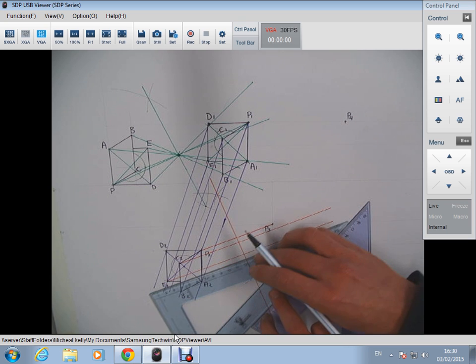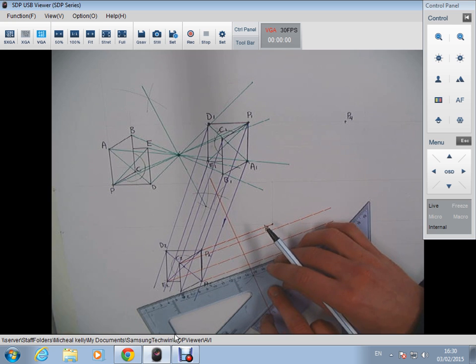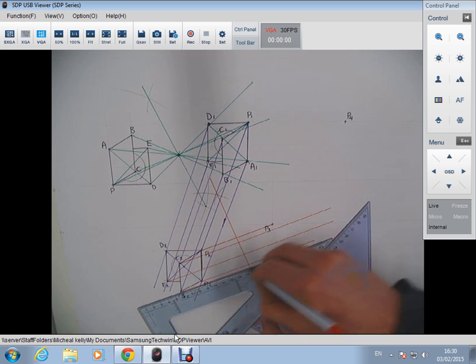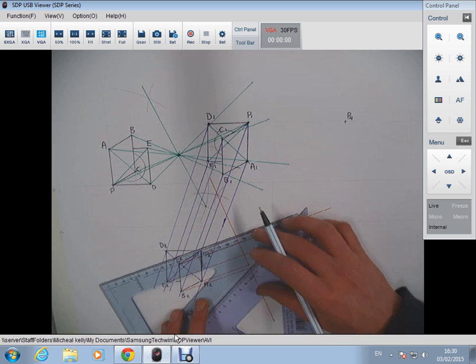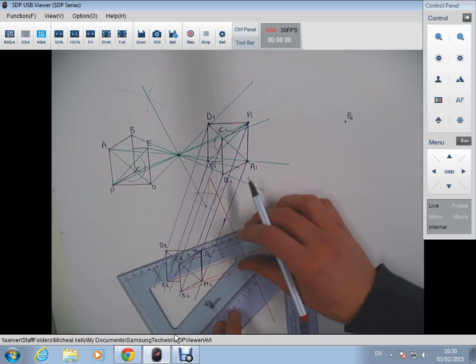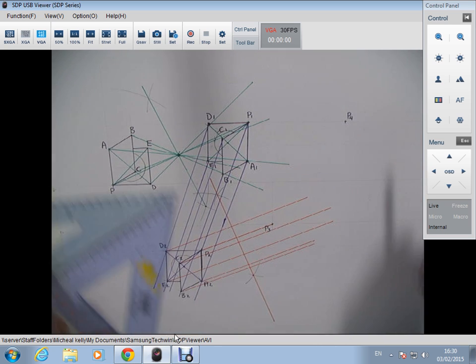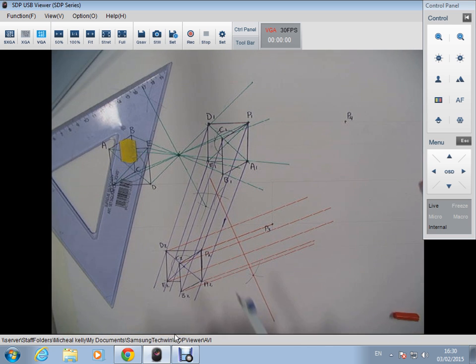So every point moves 90 degrees to the line of symmetry, and the same distance on the opposite side of the line, from the line of symmetry to the point. So for point A, set my compass on the line of symmetry to the point A, and swing the same distance on the opposite side of the line.